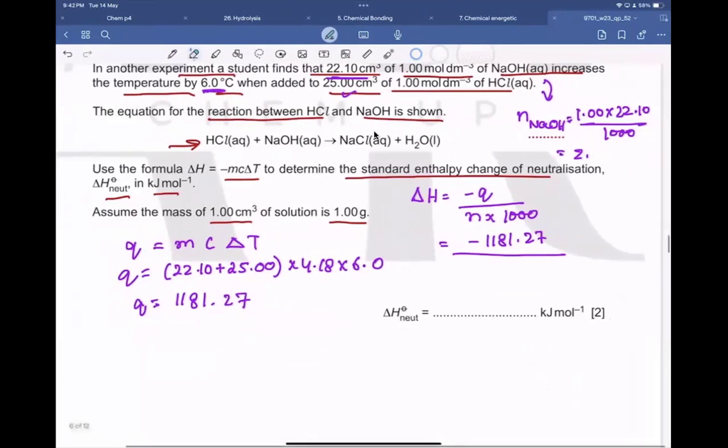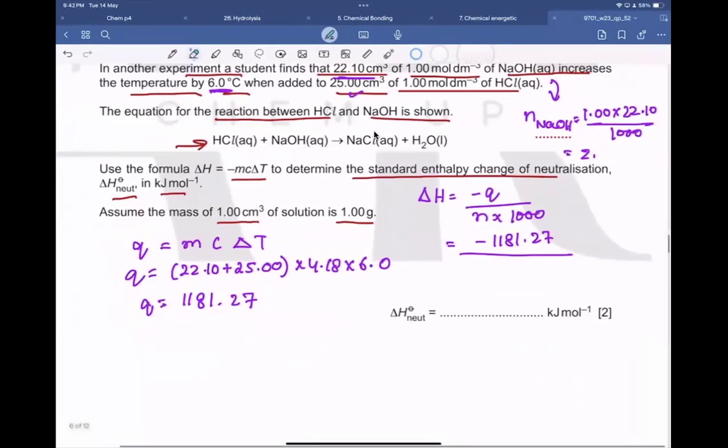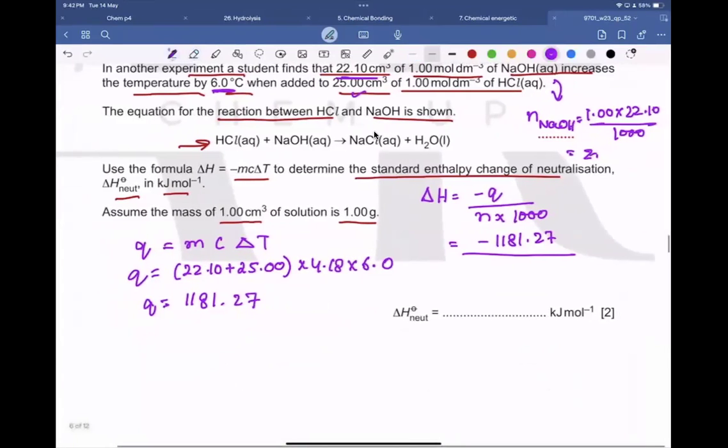So we got the moles, 0.0221. When we keep the 1000 in the denominator, it turns into kilojoules. So can anyone calculate and tell me the answer, please?